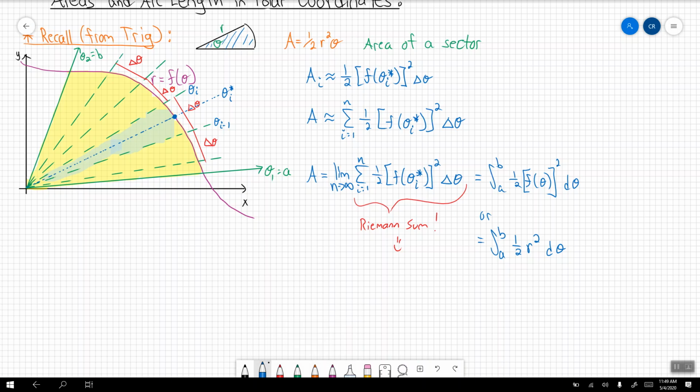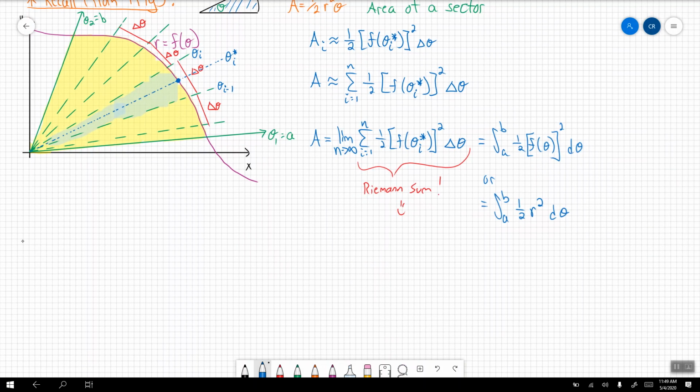So an alternate formula, what we were just talking about, is looking at the area between two different curves, where we have f of theta as one radii, and we subtract a different radii function, and this is d theta.